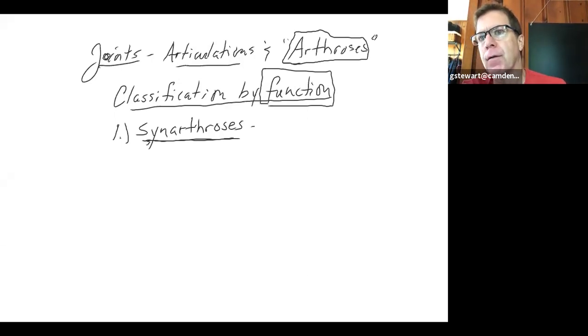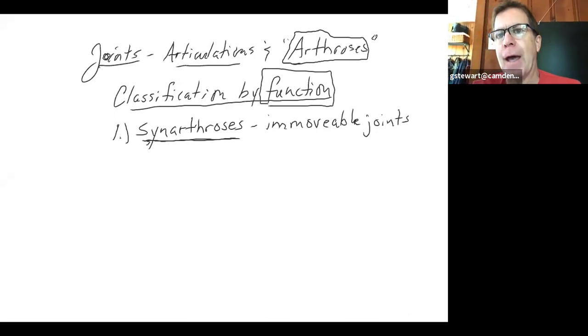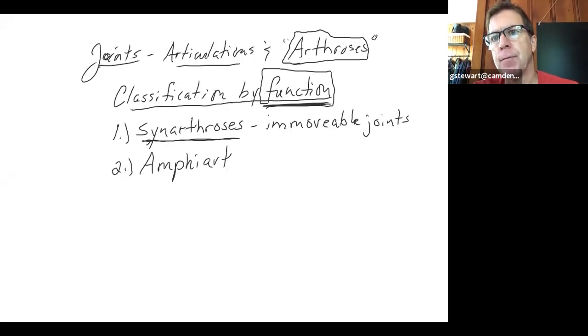These are basically immovable joints. So they are articulations from bone to bone where there is no movement. That would be synarthroses, or a synarthrotic joint. The second classification based on function is amphiarthroses, A-M-P-H-I.